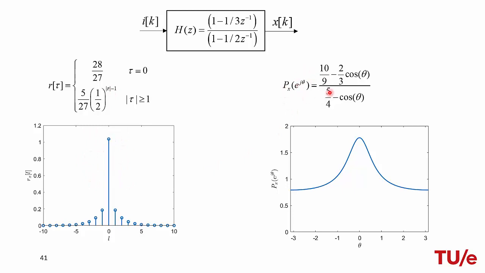And we also calculated the power spectral density with two different methods, namely by the input-output relationship of this system, and also by using the Wiener-Khinchin theorem. And we obtained this expression for the power spectral density. And when we plot the power spectral density, we can also observe that, as expected, this function is symmetric and is also positive.